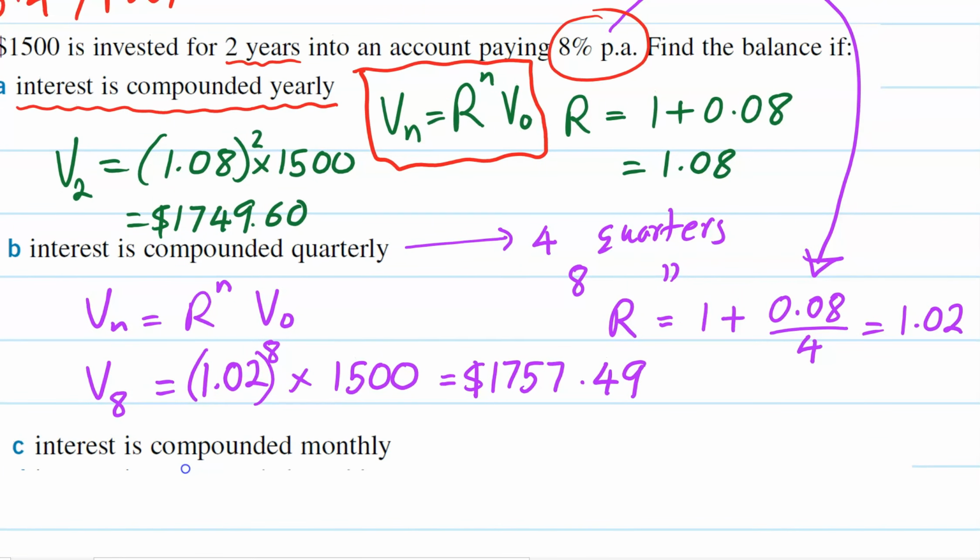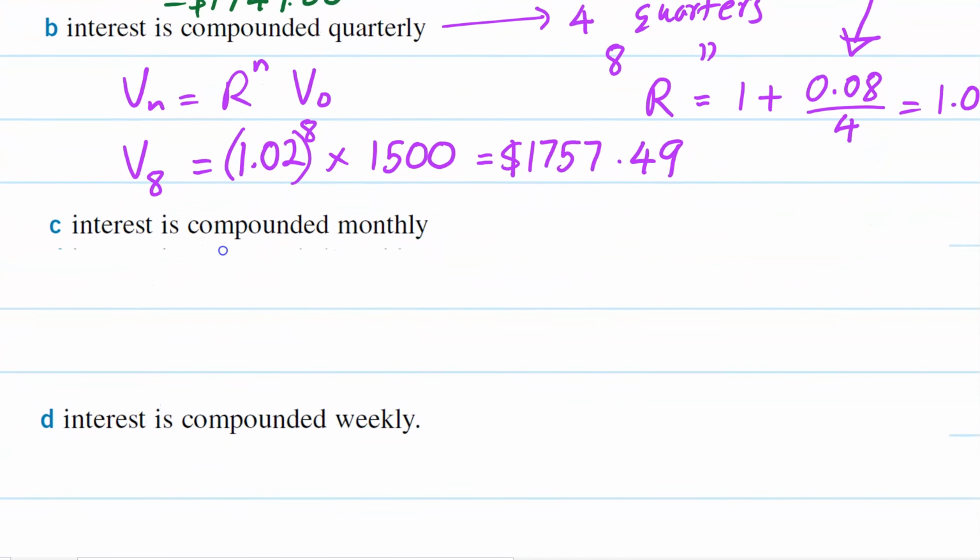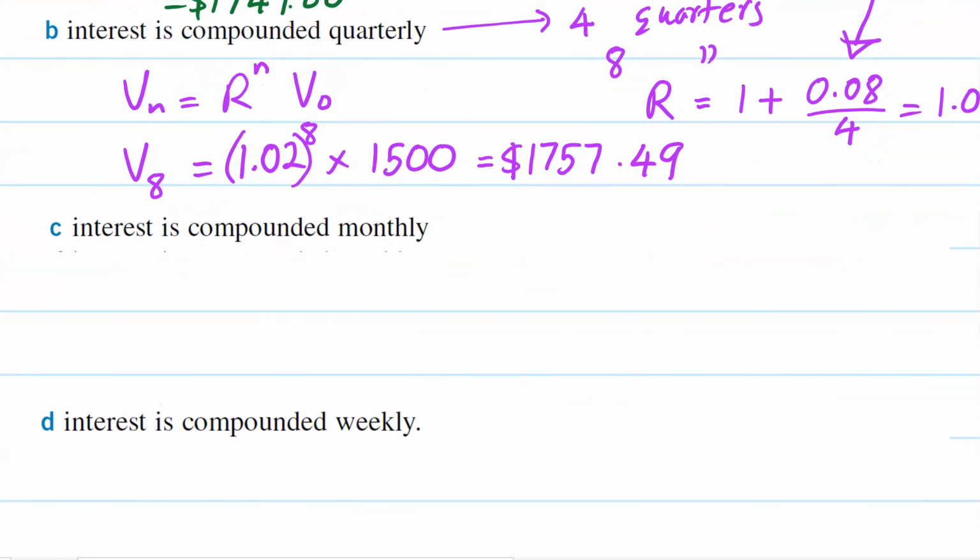We remember that it is 8% per annum. Now we are going to compound it monthly. I need to calculate my new R, the interest that is going to go into my formula. 1 plus 0.08 per annum, then per month it will be divided by 12. I'm going to leave that quantity there because I would like to be as accurate as possible for my final answer.